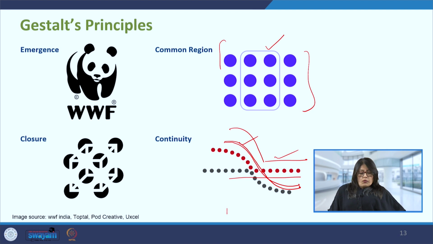So basically what this talks about is how we group the elements that seem to follow a continuous path. So here these dots seem to be following a continuous path. So that is why we see them in that flow here. And we do not see the broken part, we ignore how this is being broken here at this junction, but we follow along, which is the more natural path for the eye to continue on.